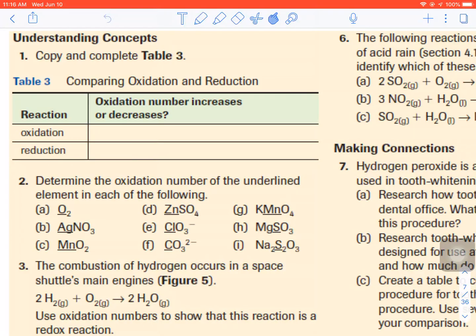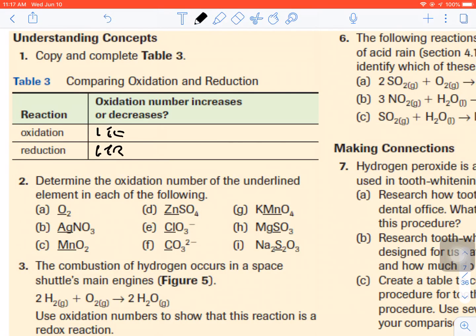Very quickly here, question number 1 says if we compare oxidation and reduction oxidation numbers, what happens during an oxidation number? Well, we know that oxidation is LEO, losing electrons, and reduction is gaining electrons.